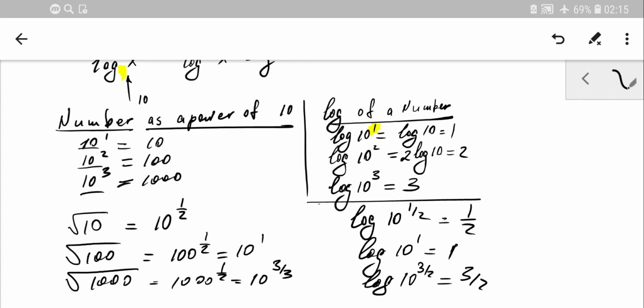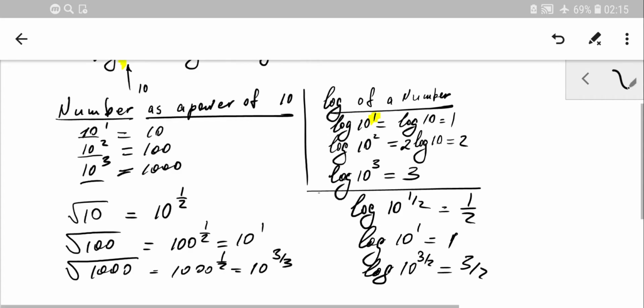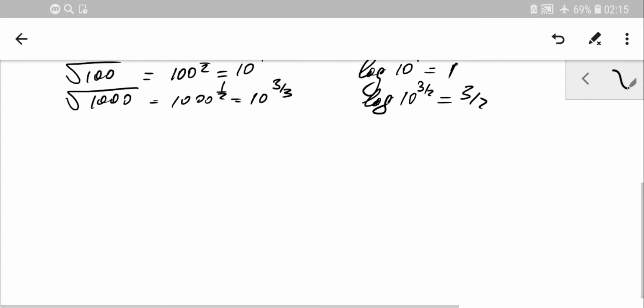Okay, so you notice that if we have 10 to some power, we can easily figure out the root and the power of the corresponding number. That's how it works. So sometimes it might be useful to use the main property of the logarithm, a to the power.